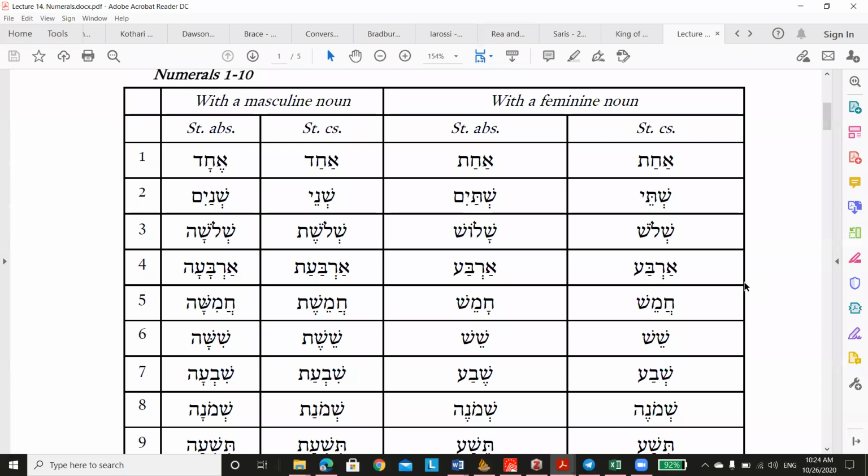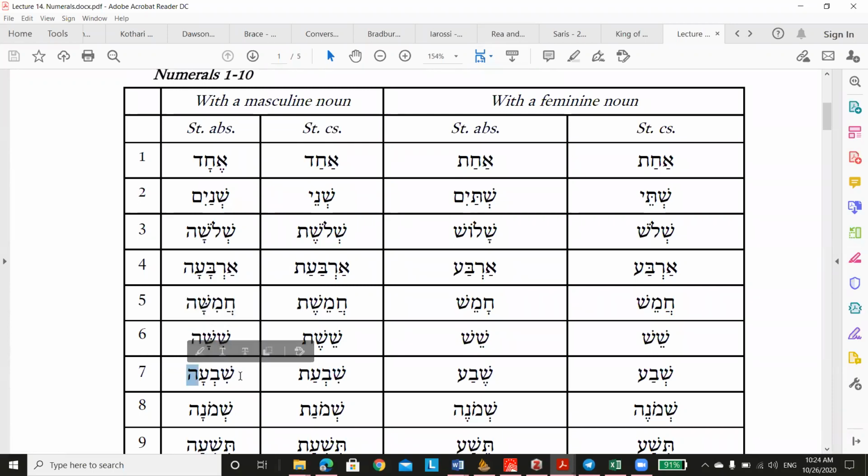And here we have one very specific peculiarity that sometimes can confuse many students of Biblical Hebrew. Just pay attention to this one. Do you see, with the masculine noun, but the ending is feminine? Do you see it?